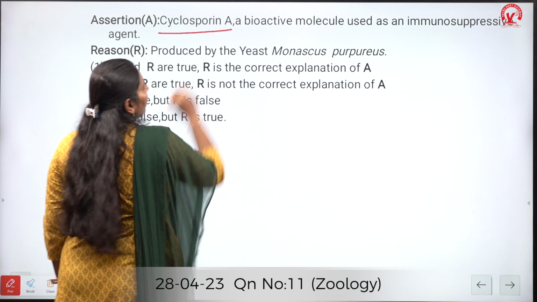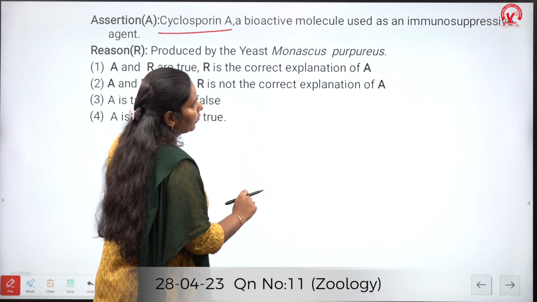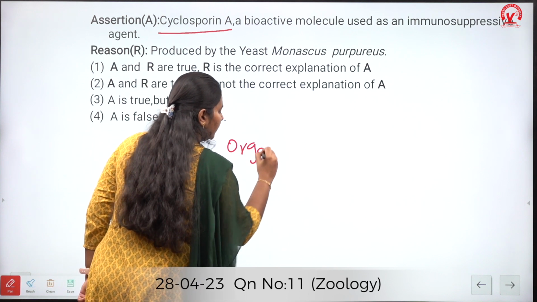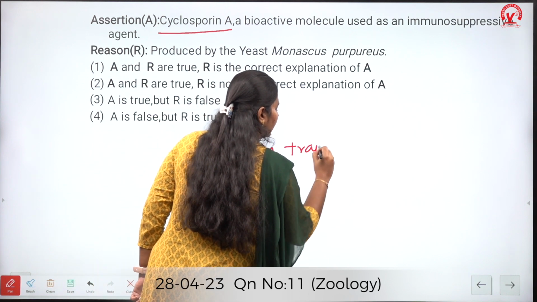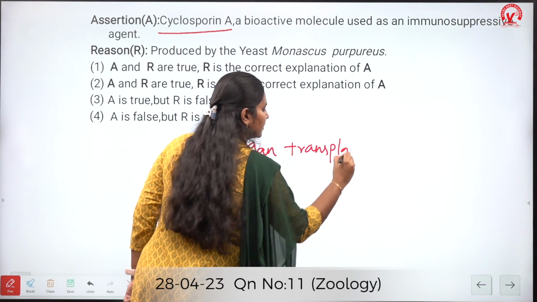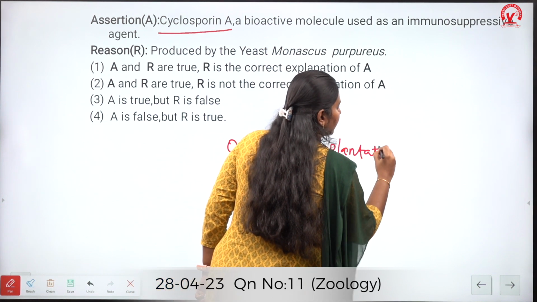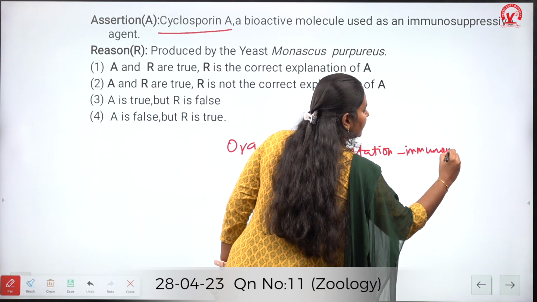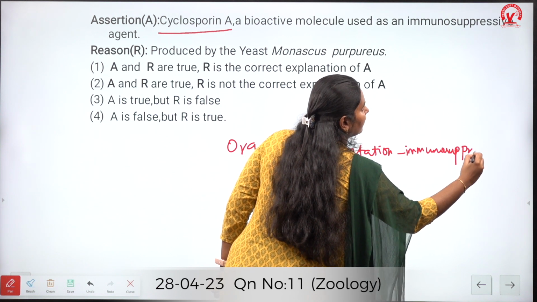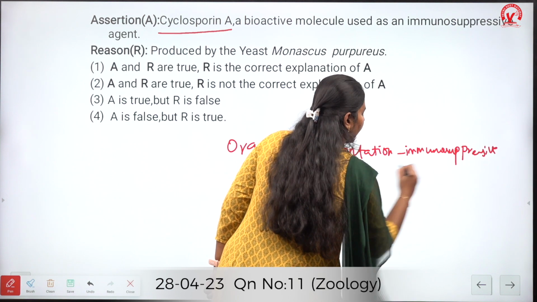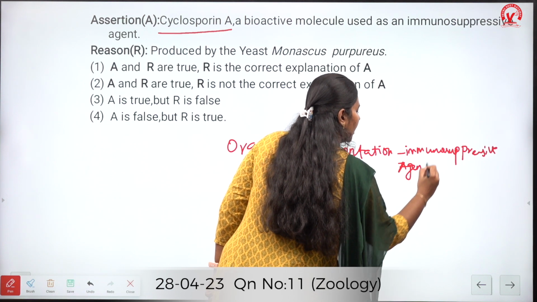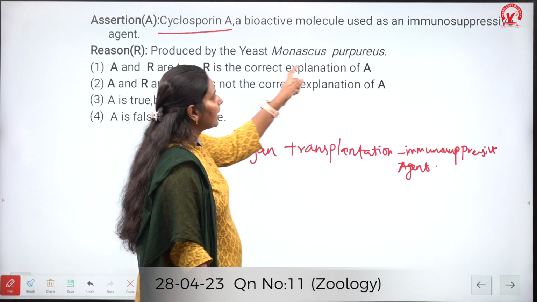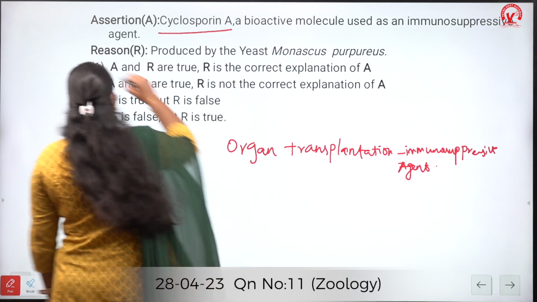This cyclosporin is the bioactive molecule which is normally used during organ transplantation as the immunosuppressive agent. And the reason given here is it is produced by the yeast Monascus purpureus, but it is wrong.